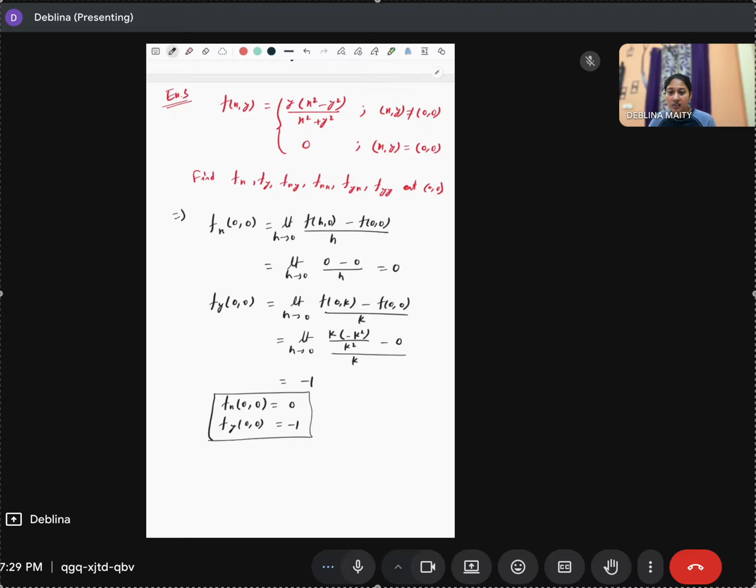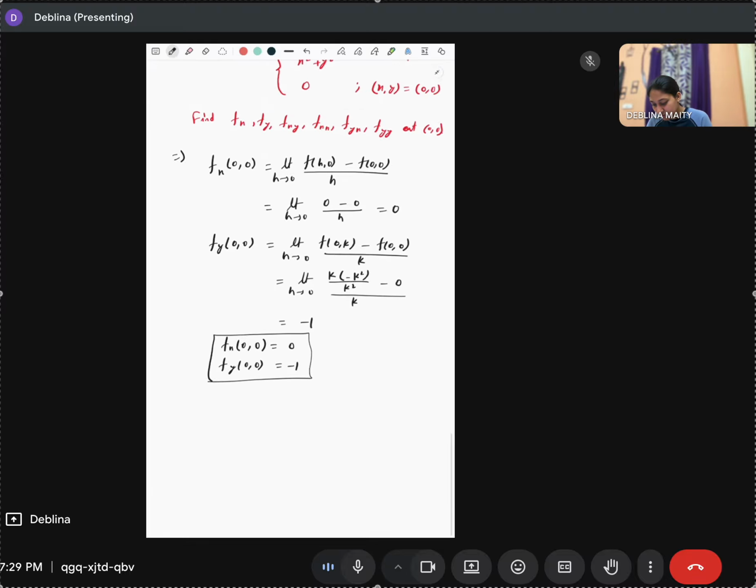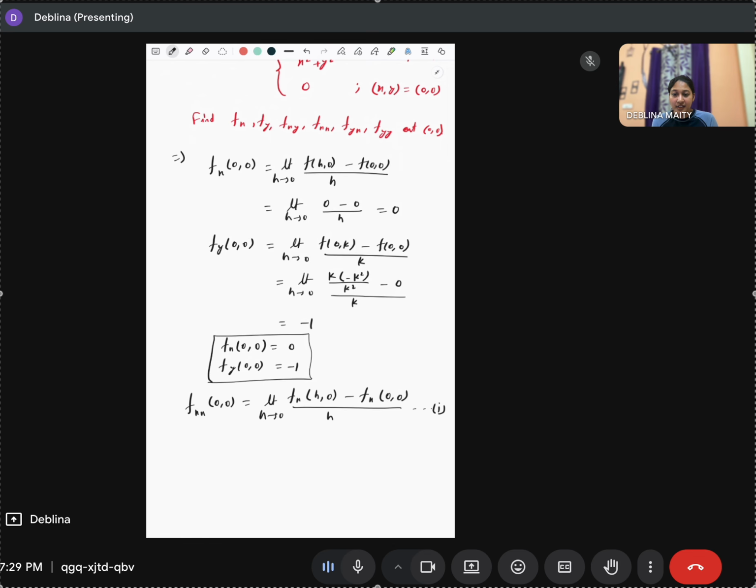Now we have to go for the second derivative. So first we will find fxx(0,0). So what is this? This is the limit as h goes to 0 of fx(h,0) minus fx(0,0), divided by h, right? To find this, first we have to find fx(h,0) and fx(0,0). fx(0,0) we have already found. So now what is fx(h,0)?